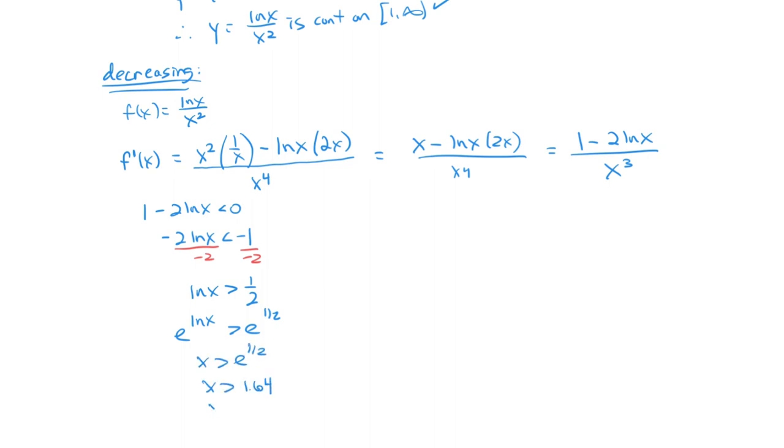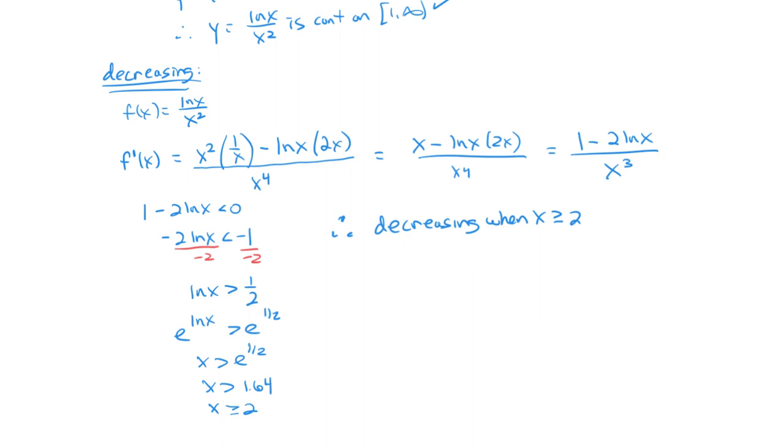So we could just say that x has to be greater than or equal to 2. Right? So that means that the function is decreasing when x is greater than or equal to 2. Okay, so we're just going to start counting at 2 instead of at 1.